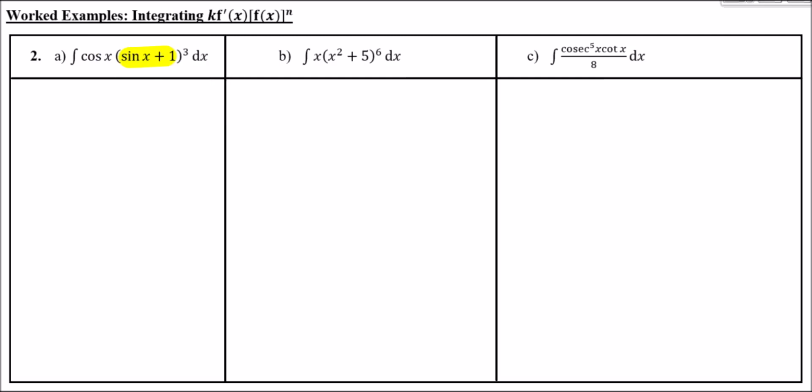So we're going to set u, in this case, as sine x plus 1. We can then differentiate. So du by dx, sine differentiates to cos. The 1, of course, will vanish. We can now get dx in terms of du. So dx is going to be du all divided by cosine x.